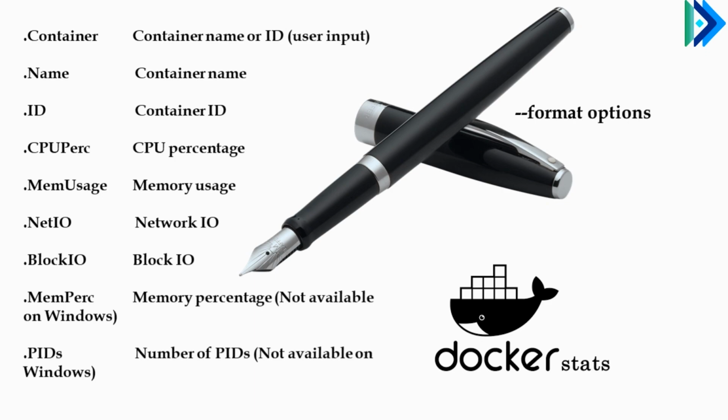Valid placeholders for the Go templates are .Container for container name or id, .Name for container name, .ID for container id, .CPUPerc for CPU percentage, .MemUsage for memory usage, .NetIO for network IO, .BlockIO for block IO, .MemPerc for memory percentage, .PIDs for number of PIDs.